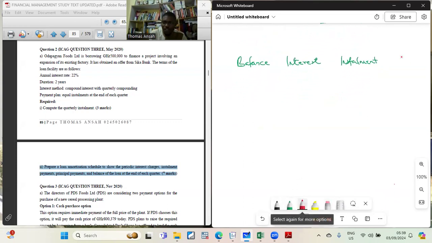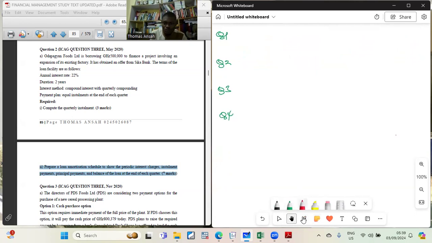Then let me put my balance here. So balance carry down. This one is more like balance brought down. Then I have my period, or the time. So Q1, Q2, Q3, Q4 will be in 1 year.